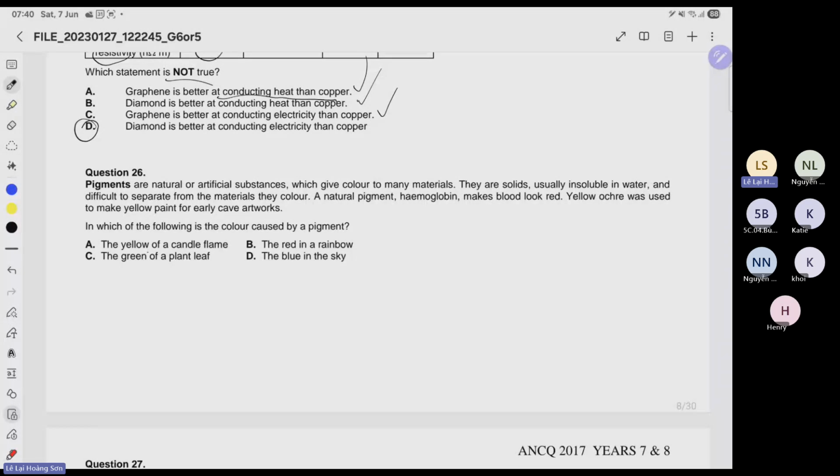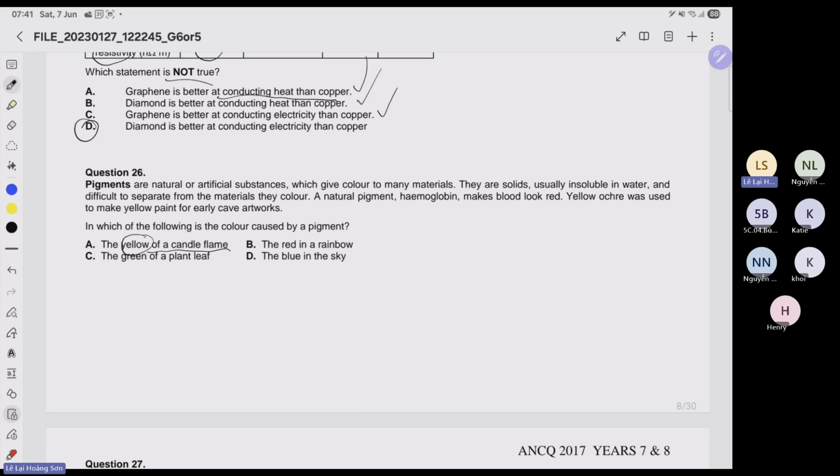The yellow from a candle flame, that is the color of the flame. It's not a compound. It's because you excite the atoms and they emit light. So you need to know a little bit of physics there. The color yellow here is not because of pigment. You only have the color yellow when you light up the candle.